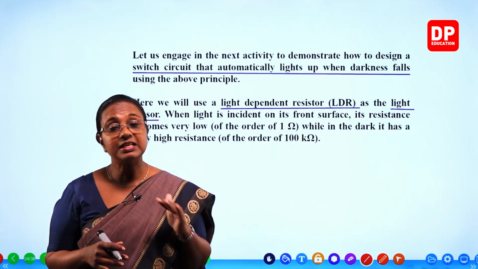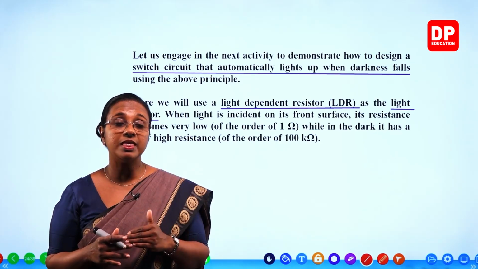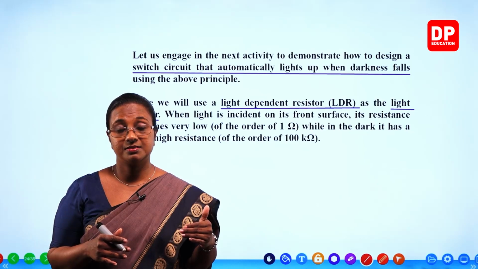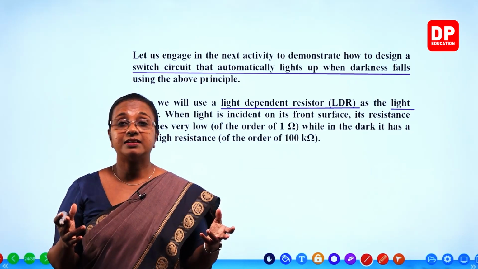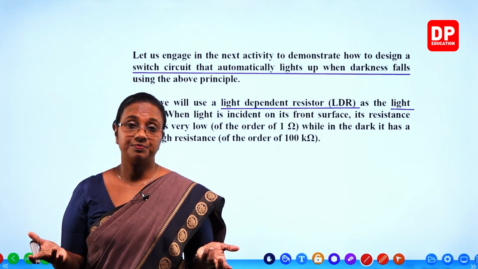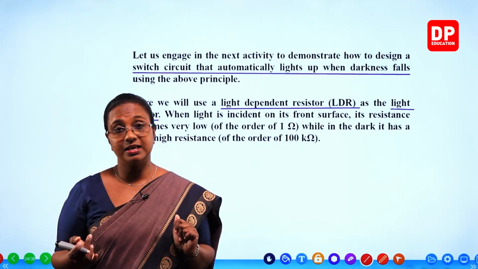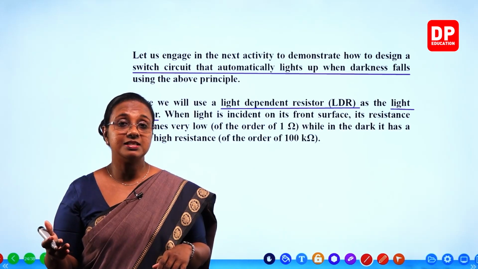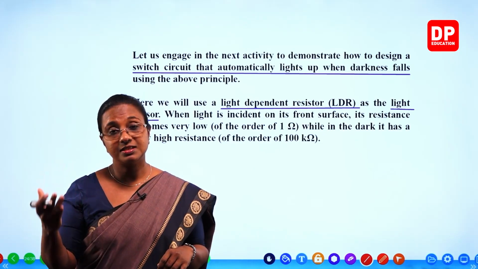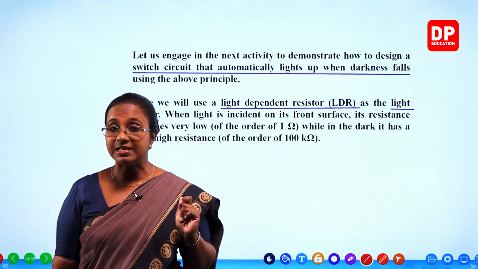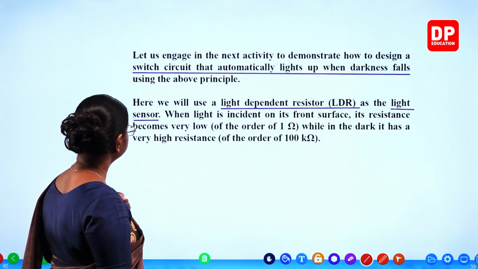But as the intensity of the light that falls on the LDR increases, the resistance decreases. So, it can act as a light sensor. When it is dark or no light, the resistance is high. When there is light incident on it, the resistance decreases. So, that is how we are going to use it as a light sensor.